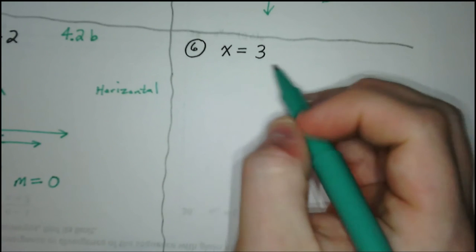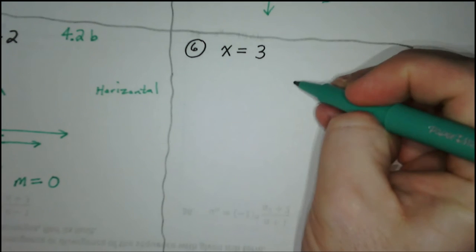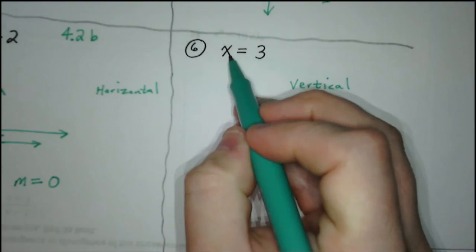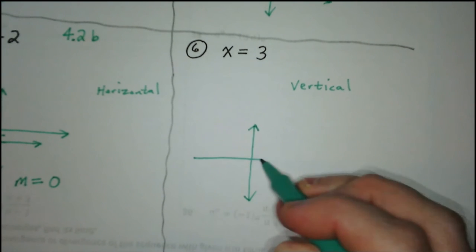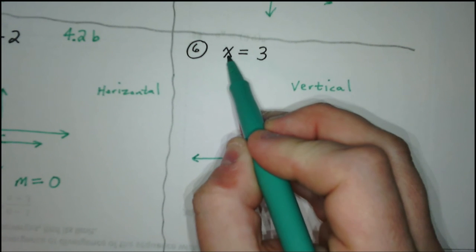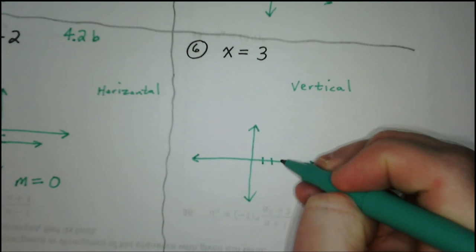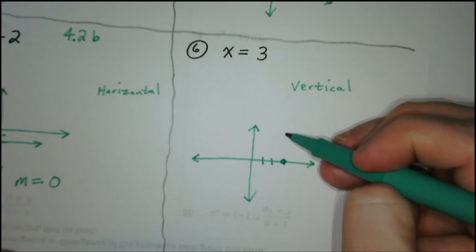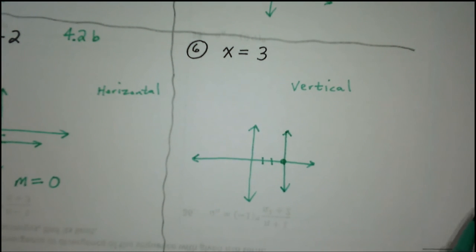Now, when you have an equation that only has an x and your equation is written just like that, that means your line is going to be vertical whenever there's only an x. So, similarly, you literally go to x equals 3. So on the x-axis, you go to positive 3. You can put a dot for all I care. I mean, it's fine. And that's where you draw your vertical line every time.